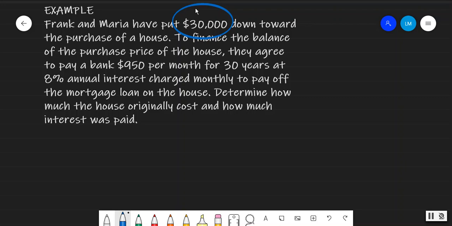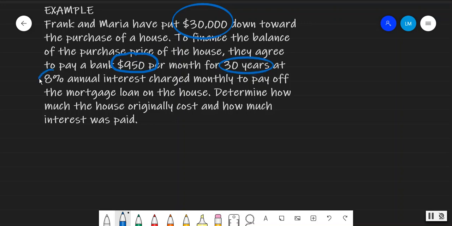For example, if the house cost 100,000, then they're financing 70,000, and so on. In this case, we don't know how much is being financed, but we do know the payments, because it says right here that it's 950 per month, and it's for 30 years.